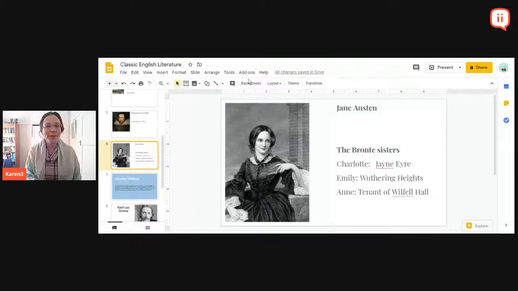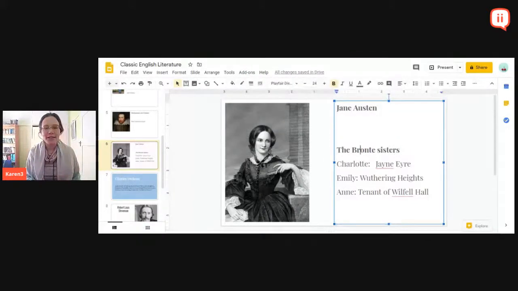Then you have the Bronte sisters. Have you guys read the Bronte novels, like Wuthering Heights or Jane Eyre? Jane Eyre is famous. Wuthering Heights, there was a film, but it's not very famous.